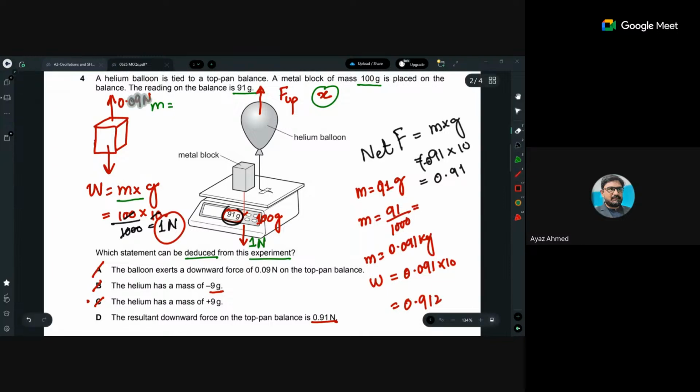Just subtract these two numbers. 1 minus 0.91, what will you get? 0.09. Yes, 0.09, absolutely right. So balloon is providing you 0.09 Newton force in the upward direction. Is it clear? This was a horrible question.